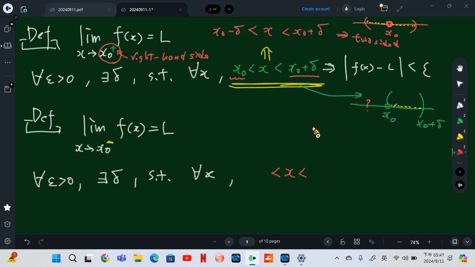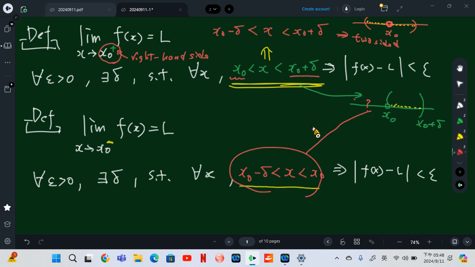It should be from x0 minus delta to x0, right? Then we always can have the distance between f(x) and L less than epsilon. So this time we just focus on this part, right?